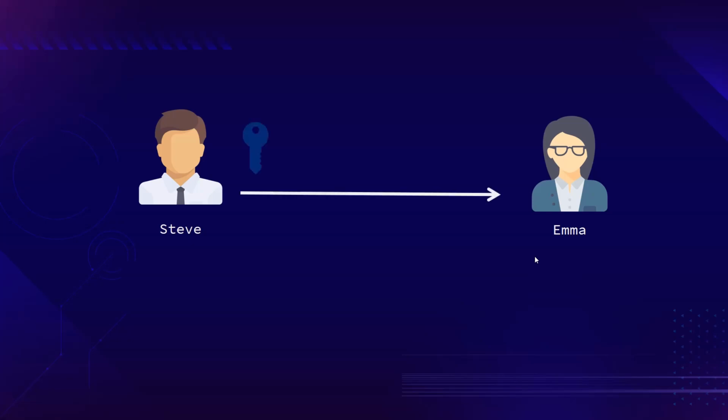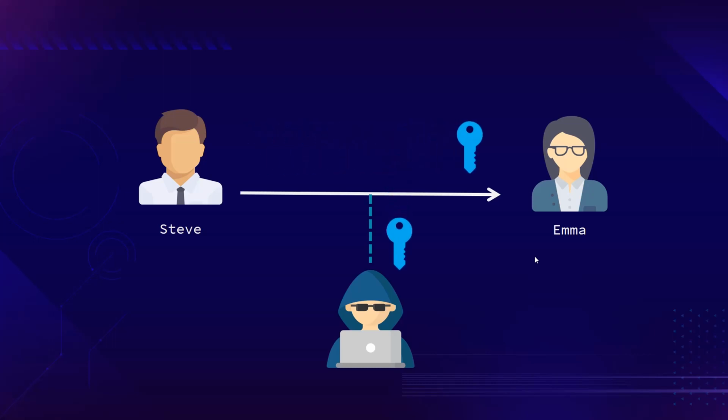Now if he shares the secret key on a public line, there are chances that some hacker or interceptor is tapped on the line, and he may intercept all the messages and all the secrets that are shared with Emma. So if Steve shares his secret key through the public line, the hacker can easily intercept the secret key, and this will lead to compromise of data, as he can decrypt all the data from Steve to Emma.